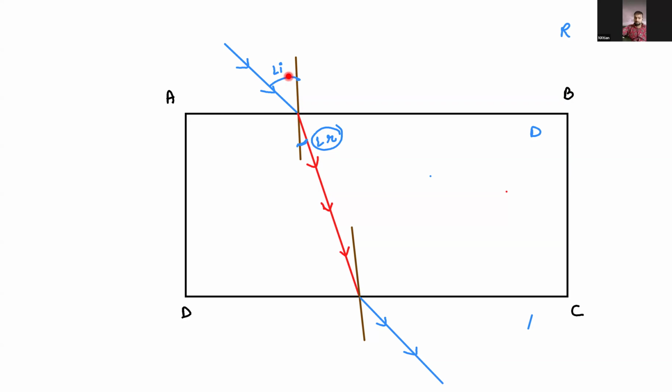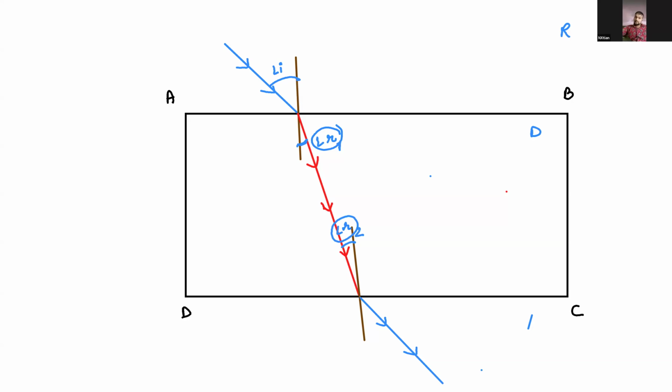Understood? Yes. Okay. Now when it is going out, it will fall on the surface. Then this is called angle R again, which is equal to this angle. Like R1 and R2 are equal. Okay, understood.